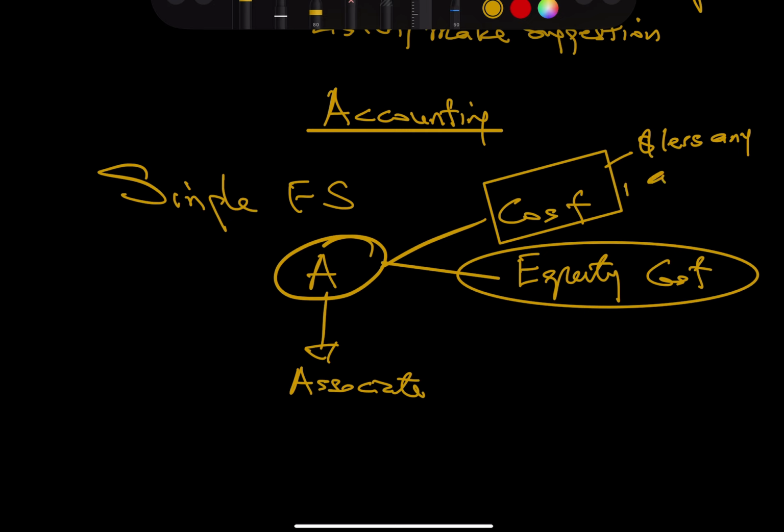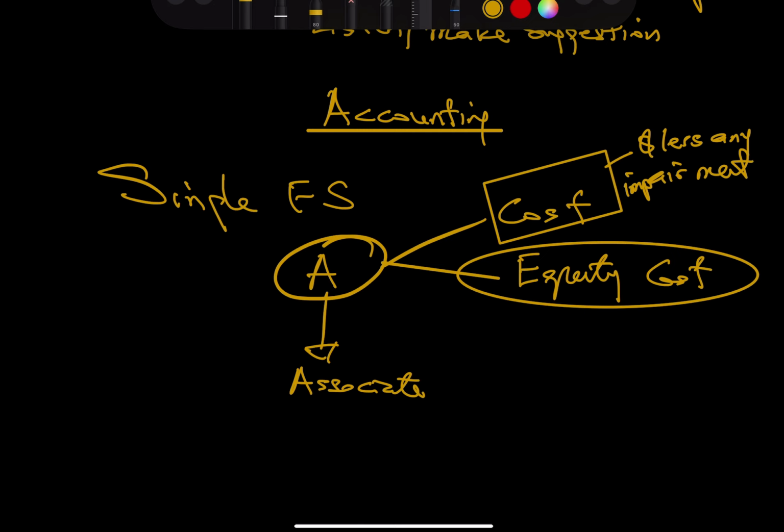Which means you just record a single line on the statement of financial position as investment in associate, which is your total consideration or what you paid for that investment in associate. Then you have to check if there is any form of impairment.